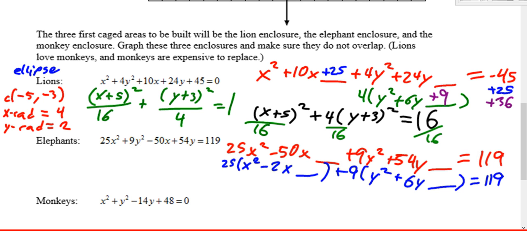Now we complete the square. So divide the middle term by 2 and square it. 2 divided by 2 is 1. 1 squared is 1. Since we're adding a 1 in parentheses where that's 25 out, that's 25 times 1. So we need to add 25.